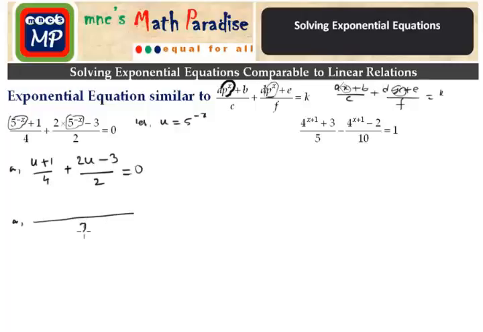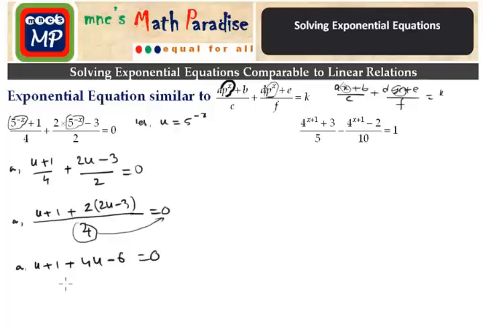The denominators are 4 and 2, so the common denominator is 4. This u + 1 will come as it is, plus here the common denominator is 2 and 4, so this numerator will be multiplied by 2, so it will be 2 times (2u - 3) equals 0. Now this 4 will multiply with 0 and become 0, so we are getting u + 1 + 2 times 2u is 4u, 2 times minus 3 is minus 6 equals 0.